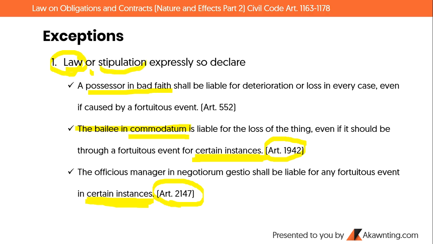Okay, but when is it that the stipulation expressly so declares? When it is agreed in the contract itself that, for example, there is a provision wherein even if a fortuitous event caused the loss of a thing, the debtor will still be liable. So, that will be an exemption to the general rule wherein no one shall be liable for fortuitous event.